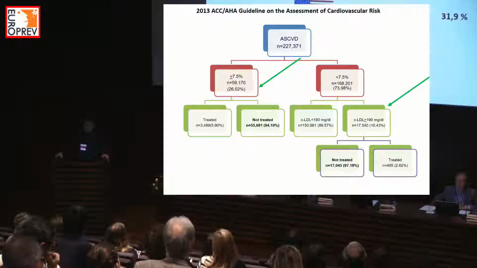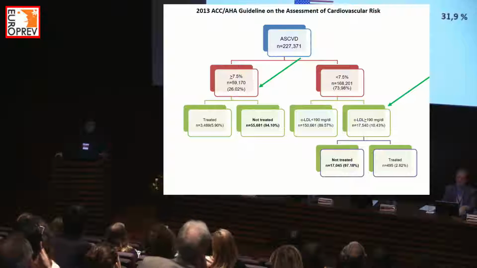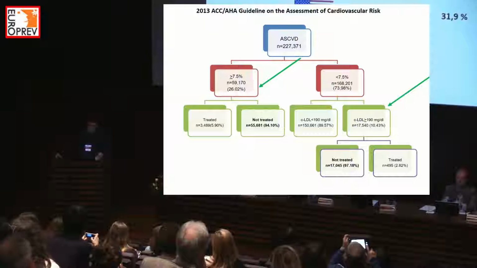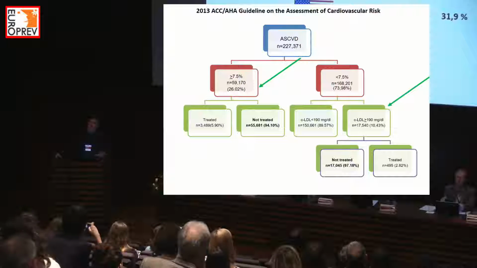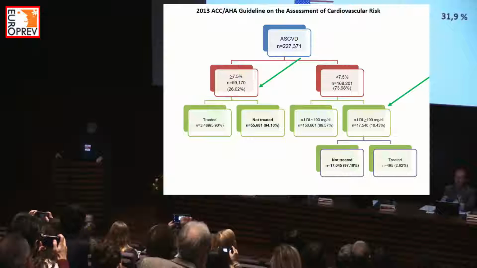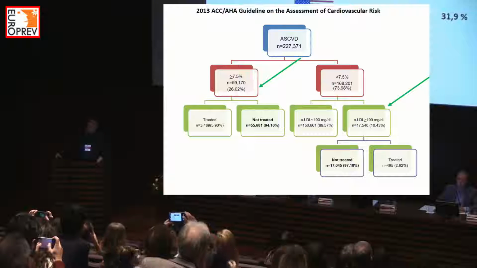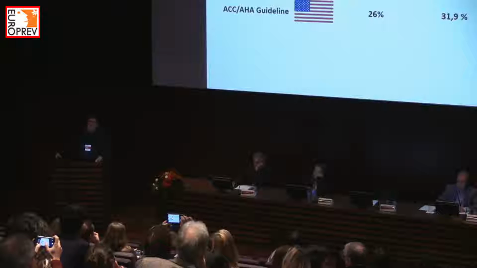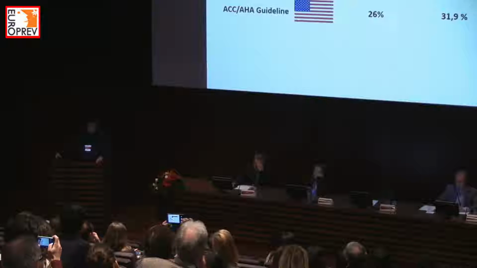So as a summary, from this population, comparing the different guidelines, with the European guidelines we have 4.4% considered high-risk patients, but with the NICE guidelines, 17.8%, and with the American guidelines, 26% are considered high-risk patients.